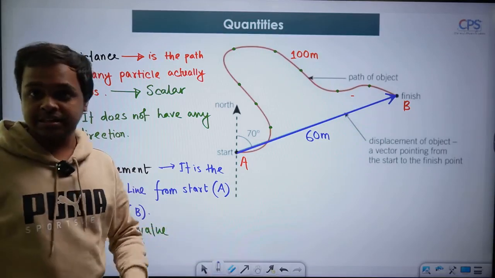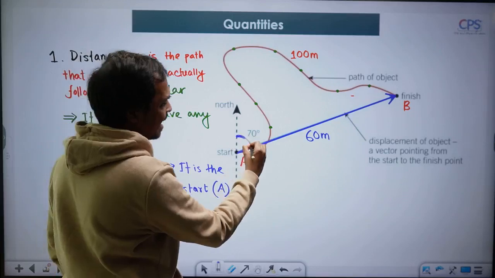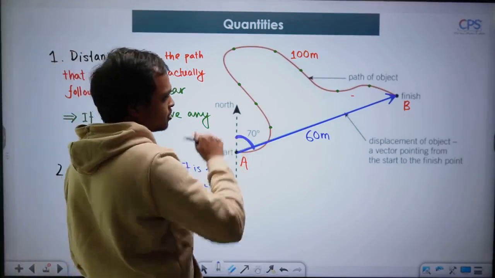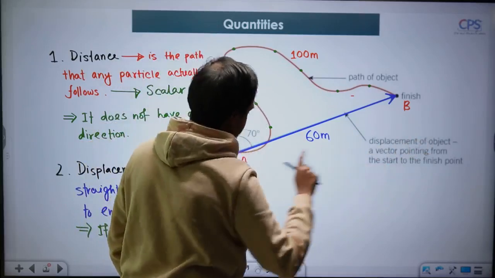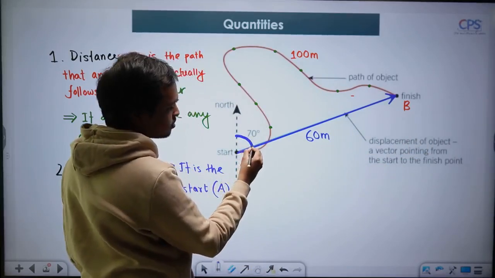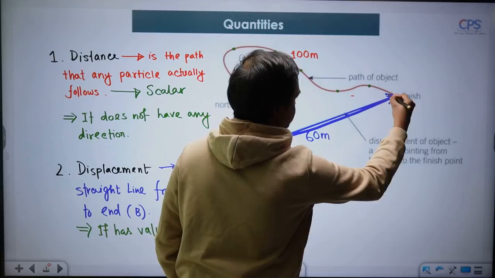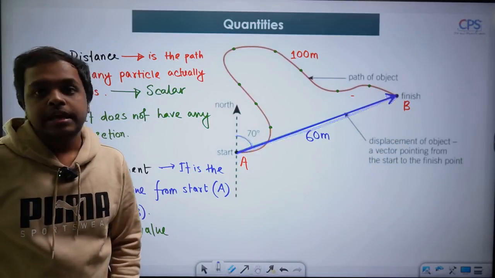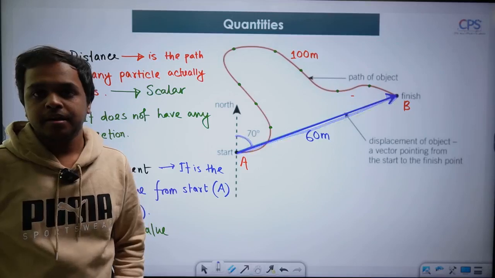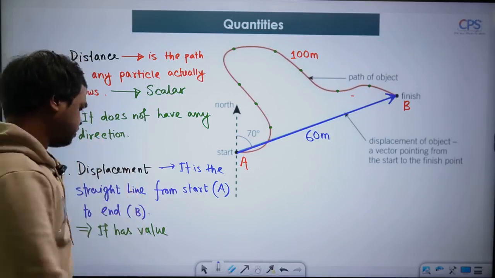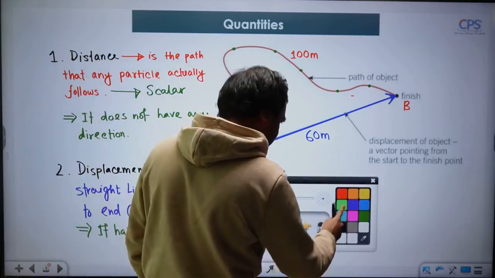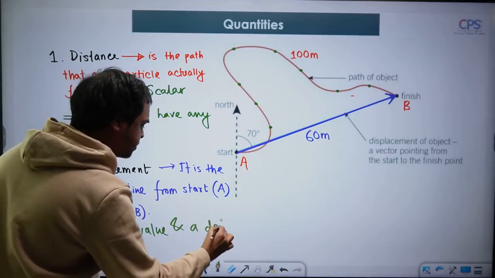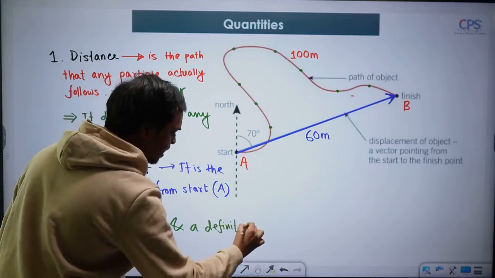So to get to the right destination, I also have to tell you about the angle or the direction. If I tell you from north, if we go eastwards 70 degrees and go 60 meters, then we will finish at the right position. So it should also have a direction. So it has a value and a definite, specific direction.